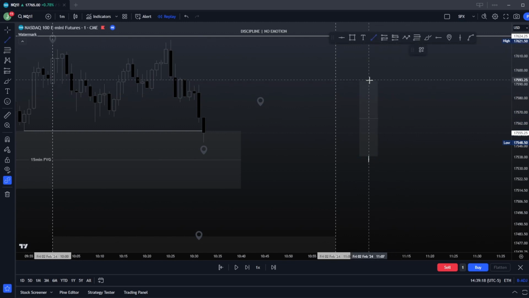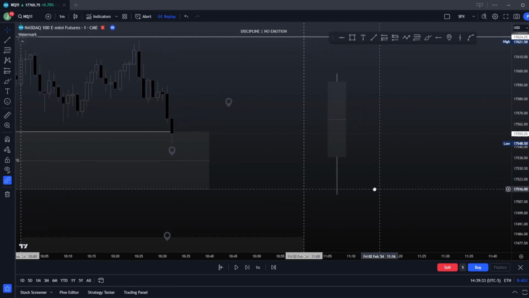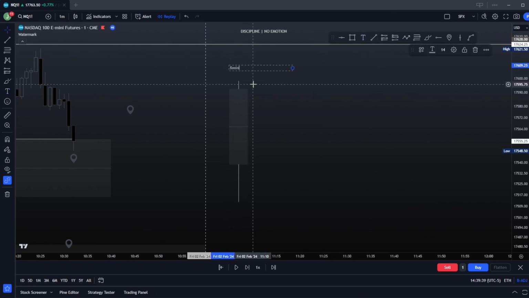That'll probably make a lot more sense. We'll expand this down. We have a candle like this, and let's call it a 5-minute candle.